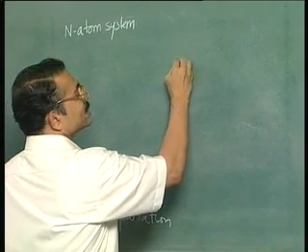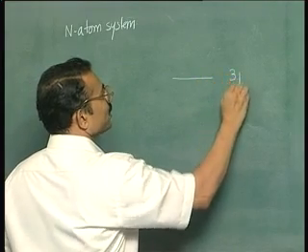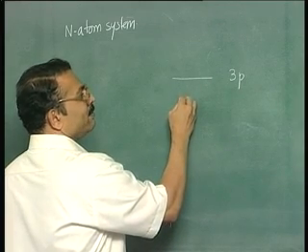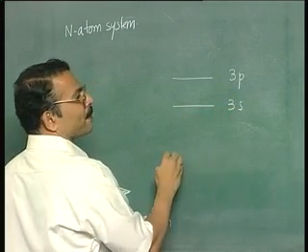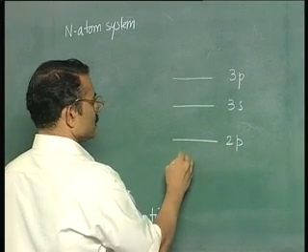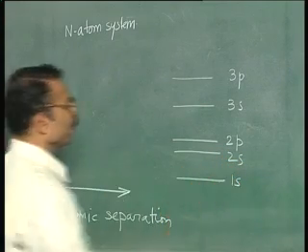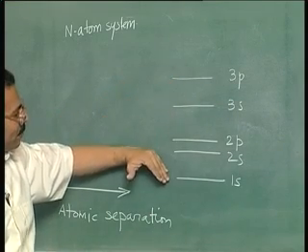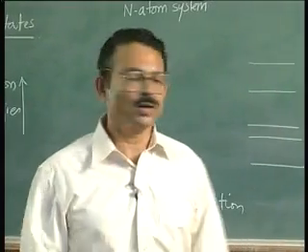So the highest is 3p, so this is say 3p, then below that you have 3s, then you have 2p, 2s and 1s. Here I must mention that this diagram, the distance between the various energies is not necessarily to scale. Okay.